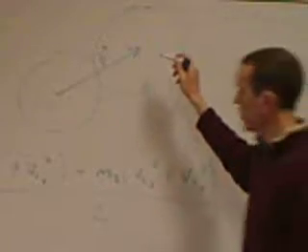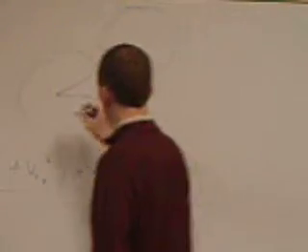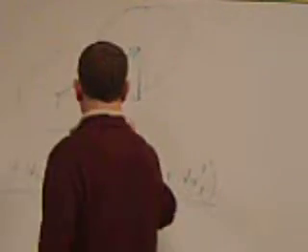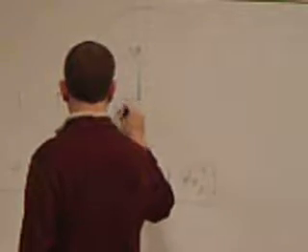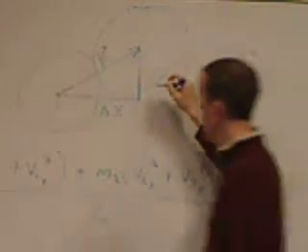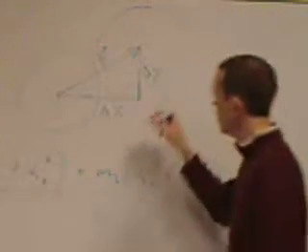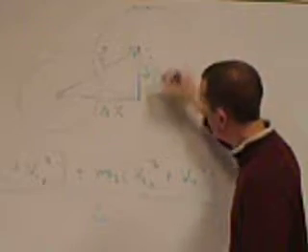This ball is going to have components of that much in the x and that much in the y. So this is going to be the delta x in ball 2's velocity. This is going to be the delta y, this distance right here.